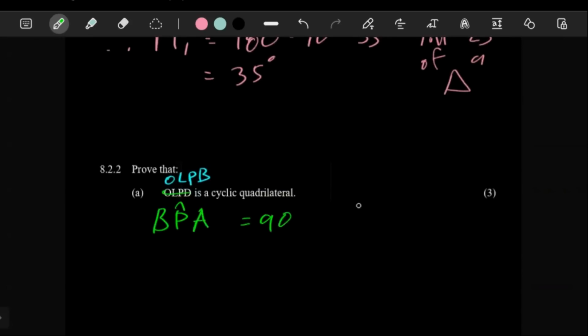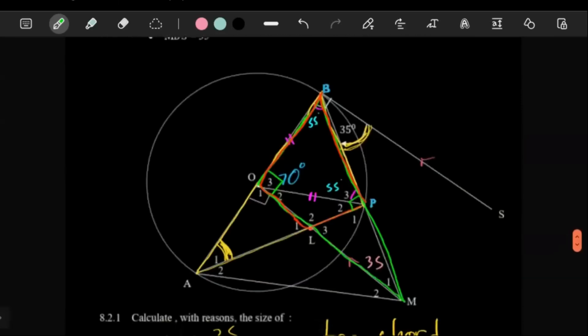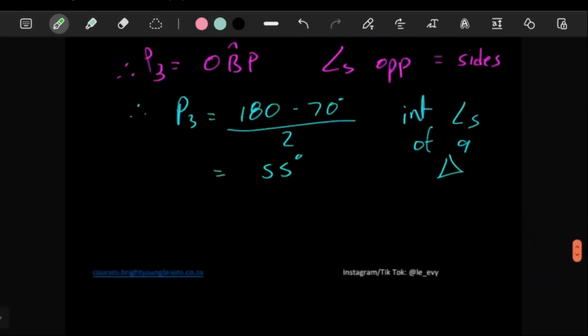The reason there is angle in semicircle. And then now we can say BPA plus BOM.